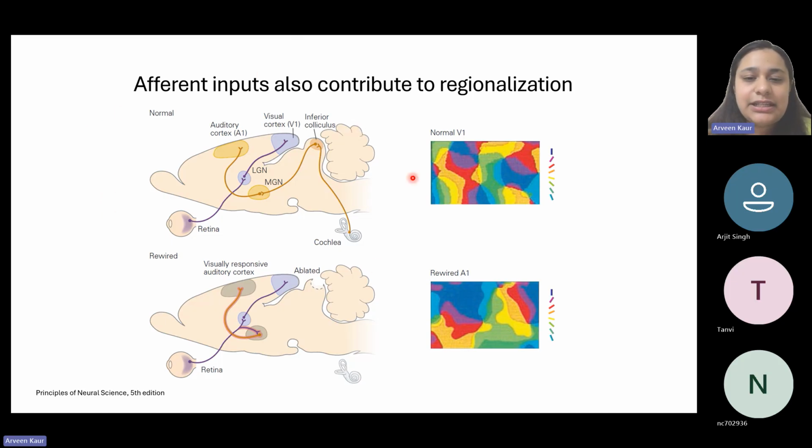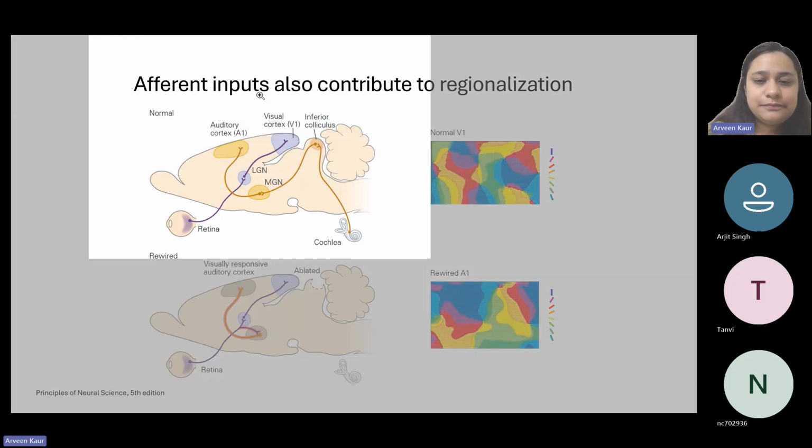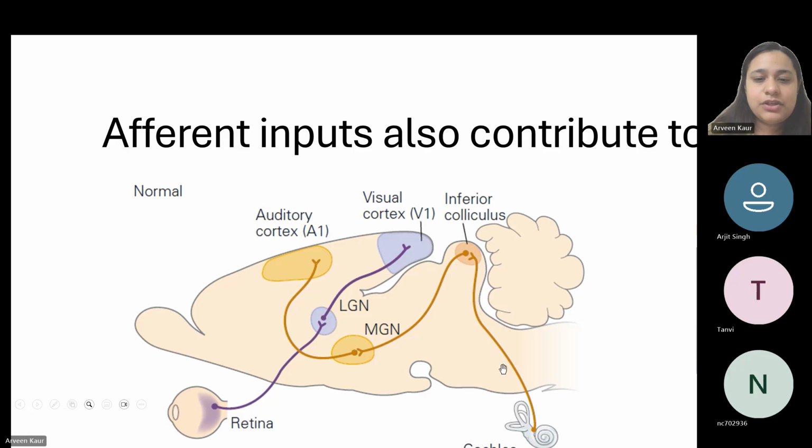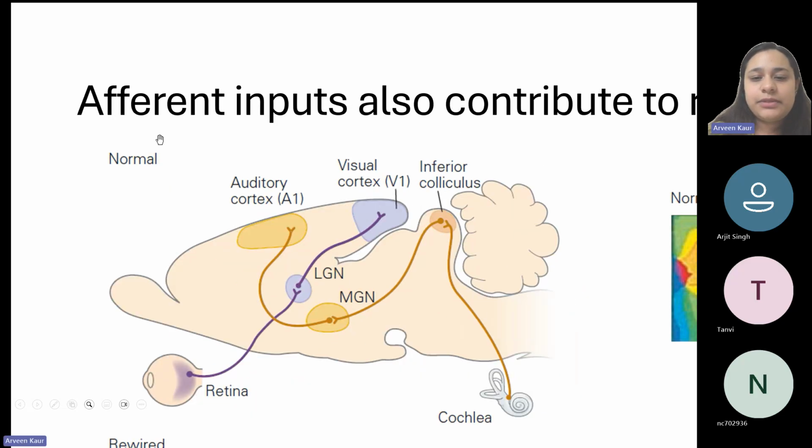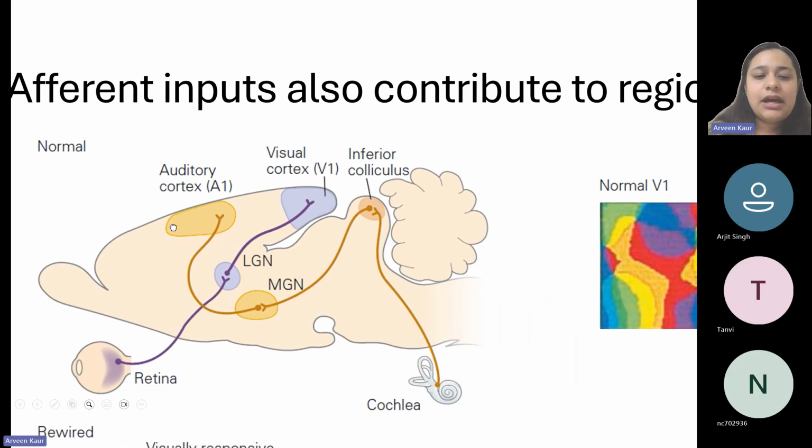So we can see that in a normal circumstance, first let us just zoom in on the first part of this and study this. So in the normal part of the brain, what you can see is a combination of the visual and the auditory inputs that the brain is receiving.